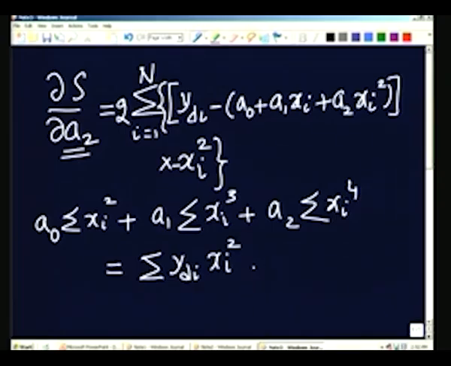We will refer to this as equation number 1.